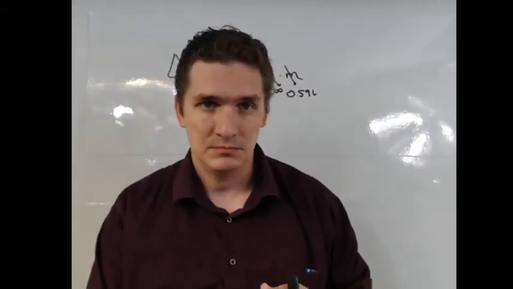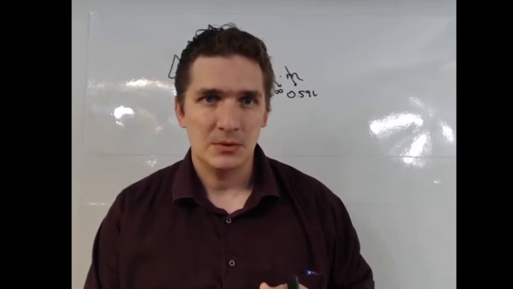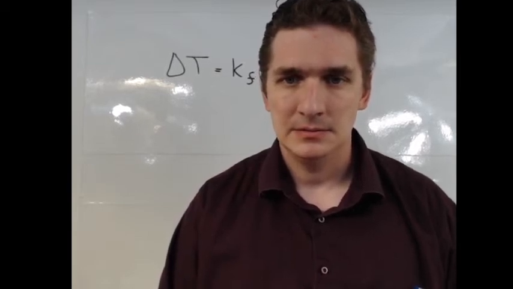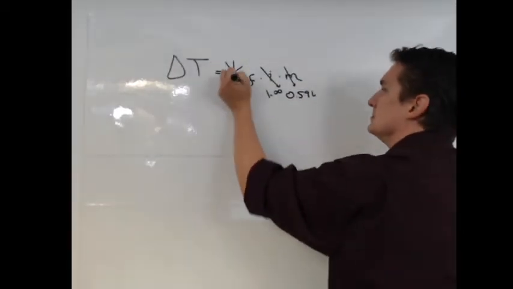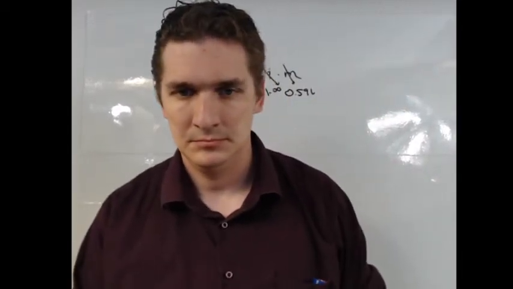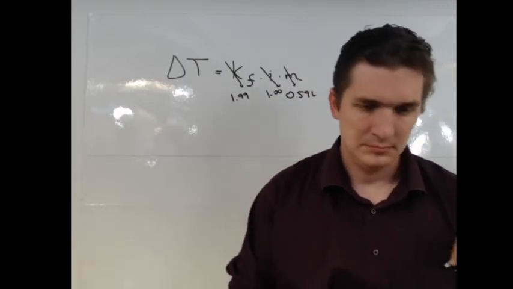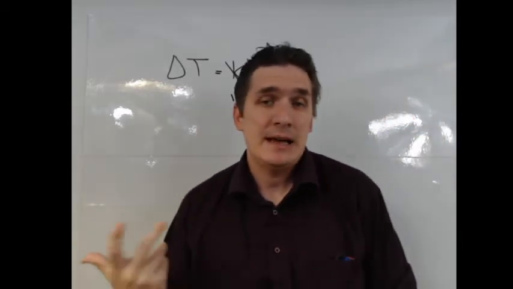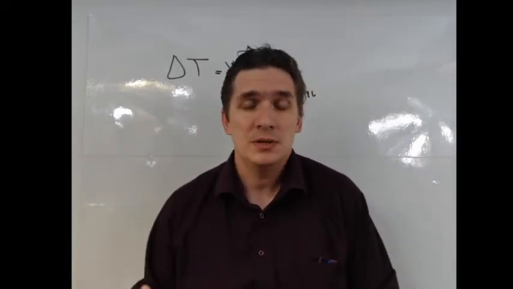And then the K_f is going to come from the tables. Let me bring that up really quick. So for ethanol, it's 1.99. But yeah, you would just plug those numbers in. That would give you delta T, and that would be the change in the melting point or the freezing point. Those are the same number.